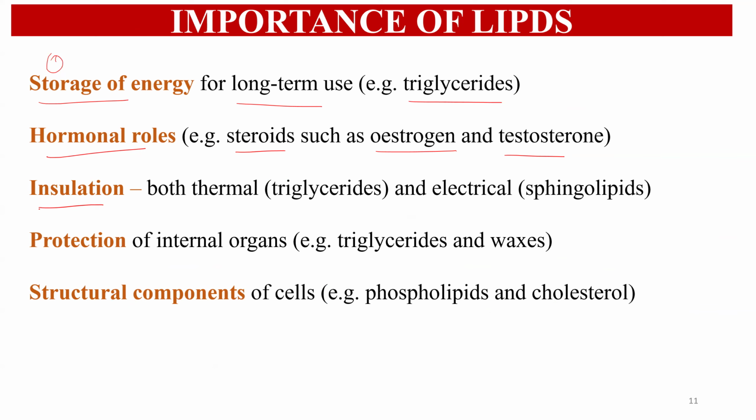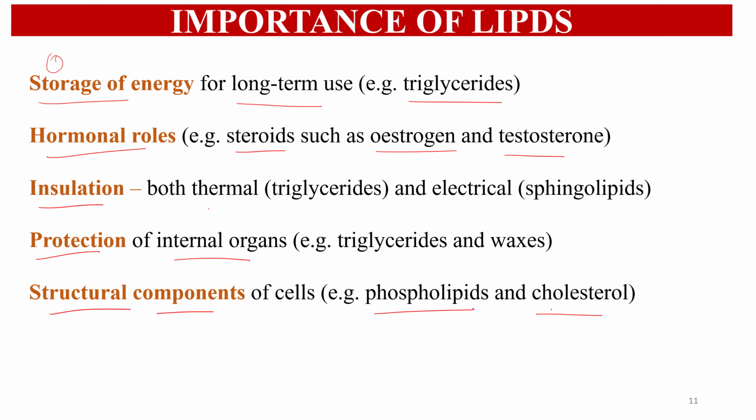It is responsible for regulating the temperature of the body by not letting the heat touch the organs. Then it also is responsible for protection of the internal organs, and it's also a part of the structure of the cell. For example, the phospholipids and cholesterol.